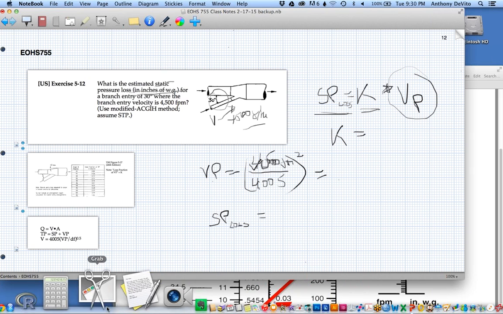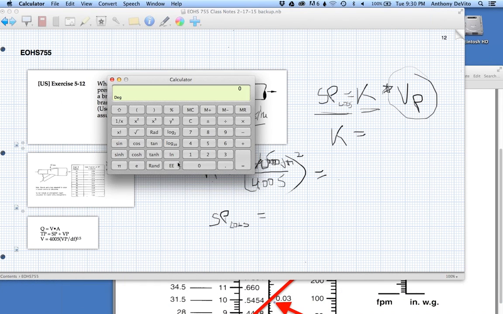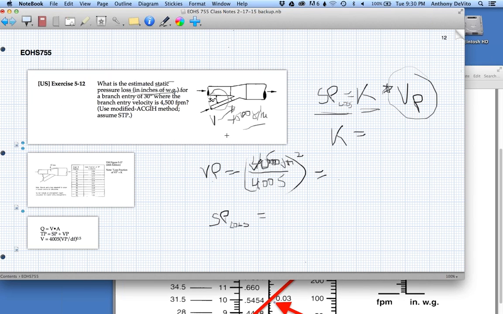Let's calculate that. That's equal to this, and I'm going to multiply it by itself. That's equal to 1.26 inches, right? Velocity pressure, inches of water. That's 1.26.